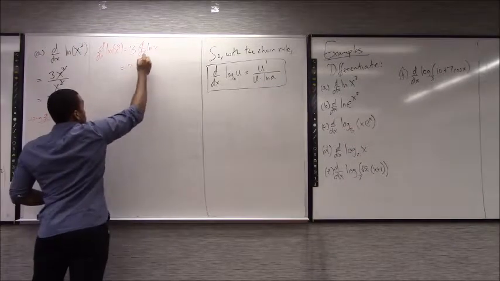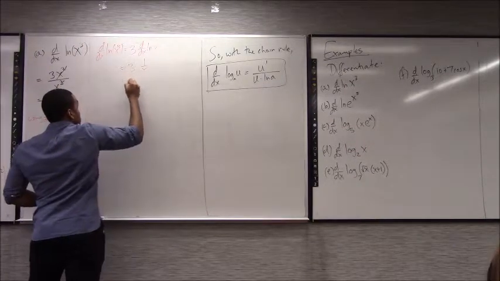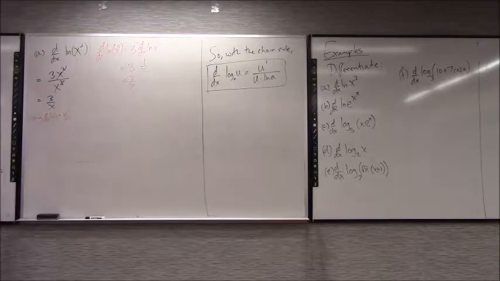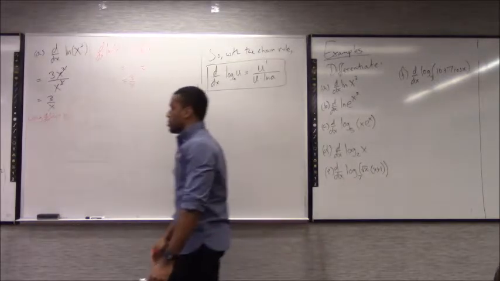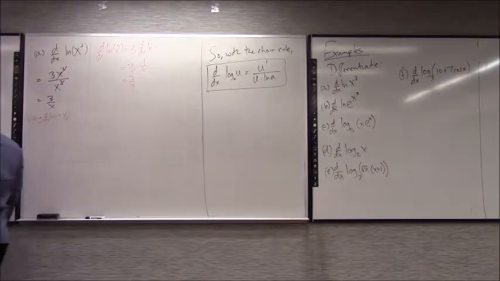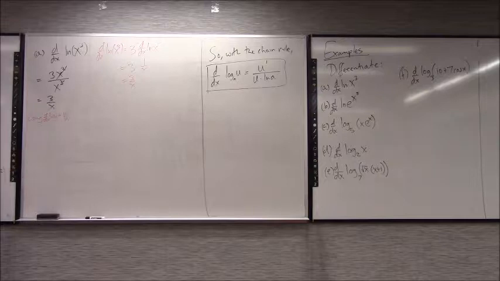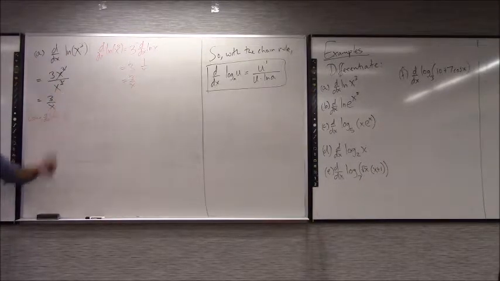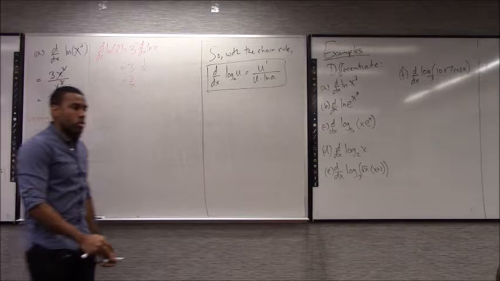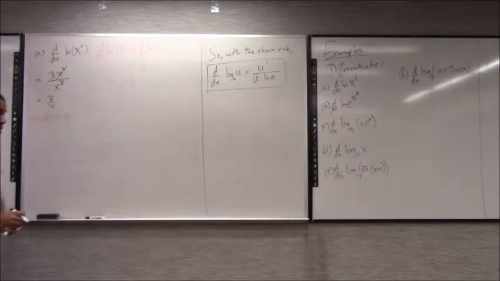So this is just 3 times 1 over x, which is again 3 over x. You can do it a couple ways. Here it wasn't any trouble to do it this way, but if finding the derivative of u happens to be particularly distressing, you can use the log rules to your advantage to simplify before actually doing a derivative. That's what I want you to be aware of.